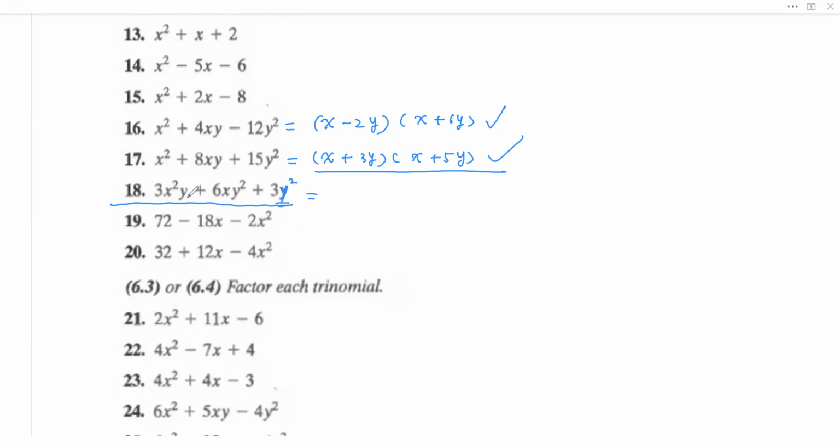Number 18. Firstly, you can see 3, 6, 3. Here, common factor, right? 3, take 3 out first. So the rest is, oh, I'm sorry. They have y here as well, right? Y is a common factor. I believe something is missing here. Let's just do this one without the modification, just like initially.